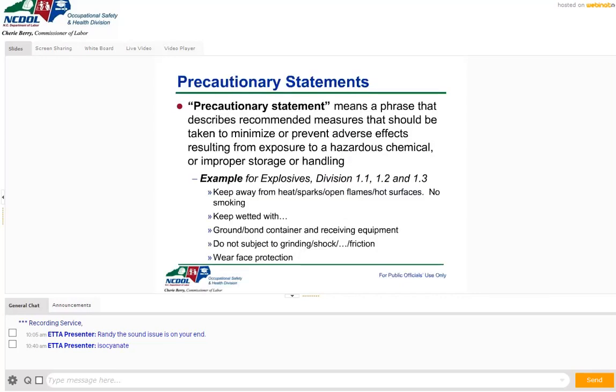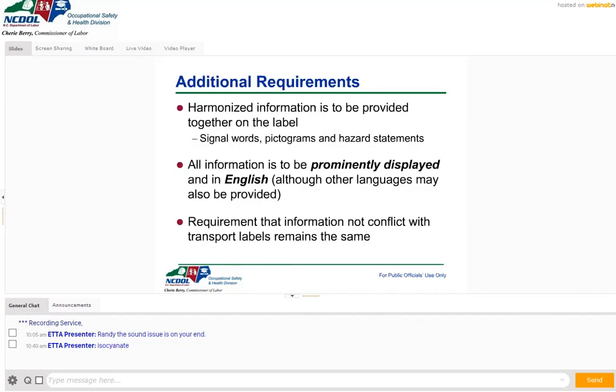Okay. Now, precautionary statements, you see lots of statements that could be on these chemicals. Keep away from heat, sparks. Do not subject to shock. Wear face protection. Just simple examples. And all this information is harmonized worldwide.